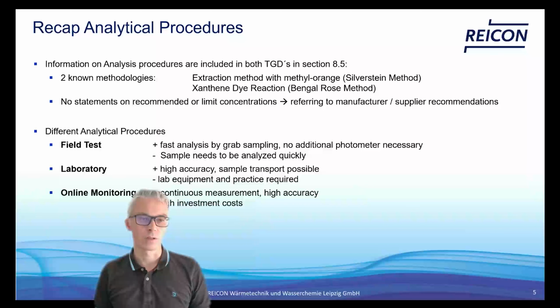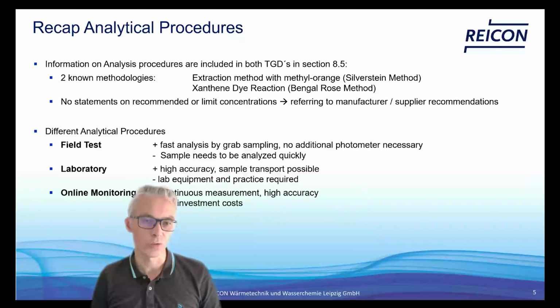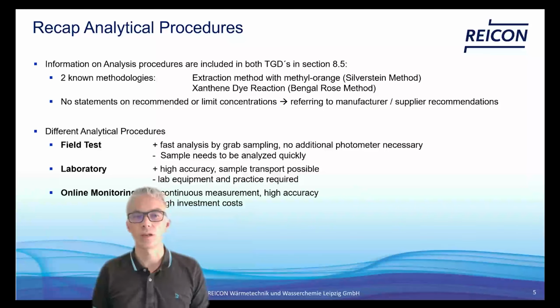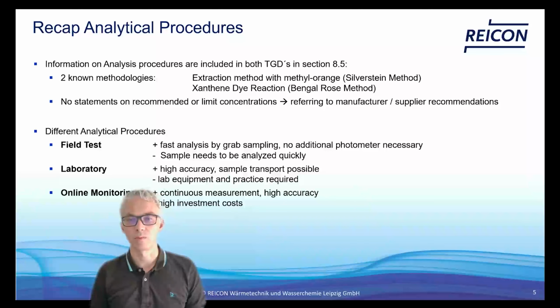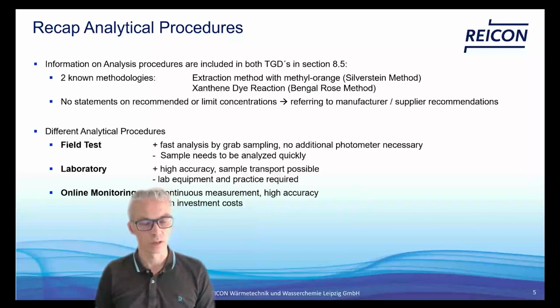Then there are the laboratory methods with a very high accuracy. If you use a buffer solution, you can also transport and store the sample for a while. But you need lab equipment and practice to do the analytics, and the photometer, for instance, is necessary to do the reading.